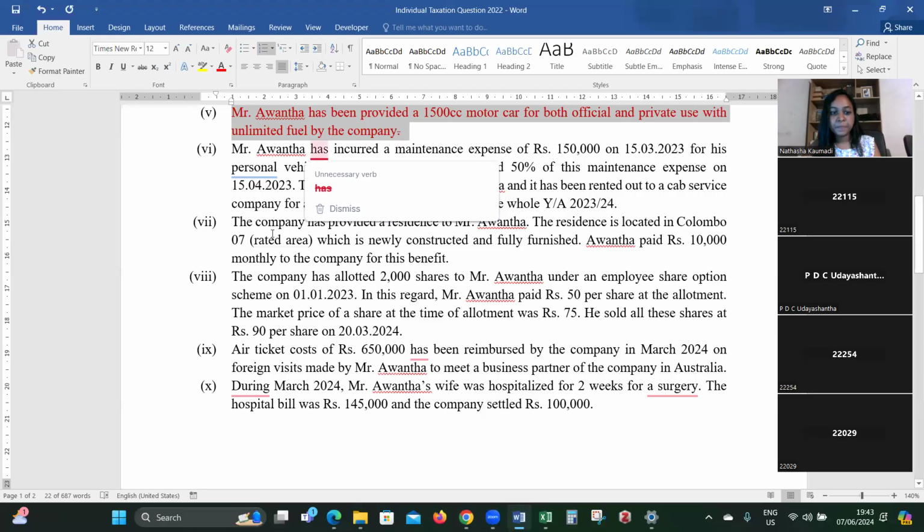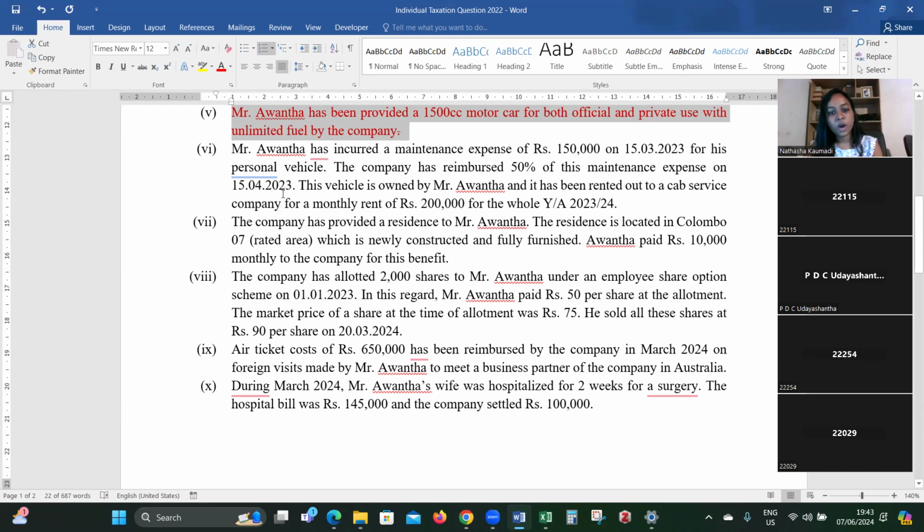The company has reimbursed 50% of this maintenance expense on 15 April 2023. Even though Mr. Avanta incurred the maintenance expense before the year of assessment, the company reimbursed 50% of it. That means 75,000 rupees in this year of assessment.